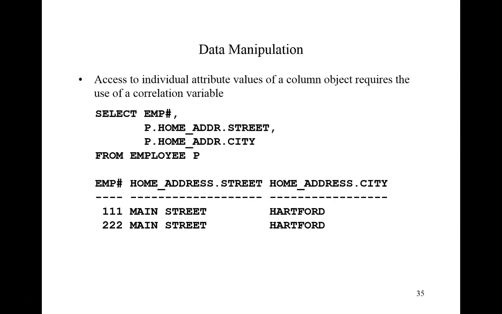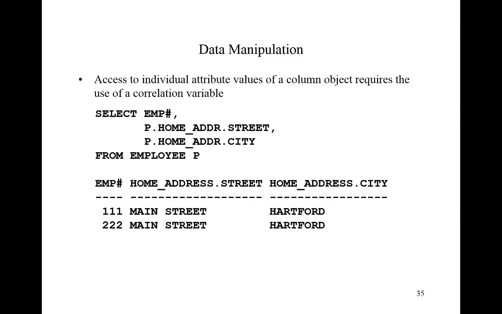Suppose we wanted to drill into the column object and extract individual attribute values. Remember, at this point, we have no methods defined, so we have no accessor functions or getters. But because this is a hybrid environment using relational database, we could grab the object and then drill into the object to extract the attribute values.